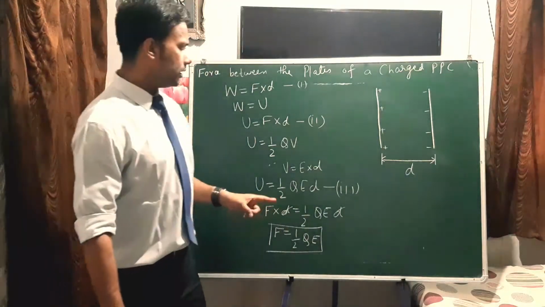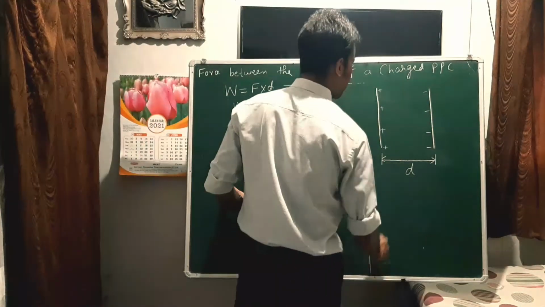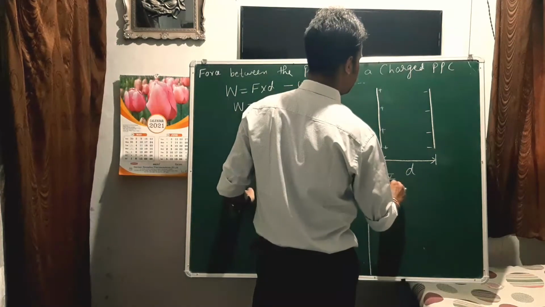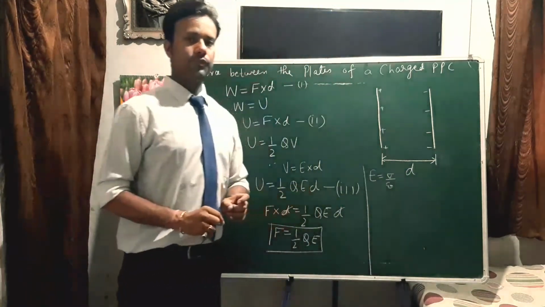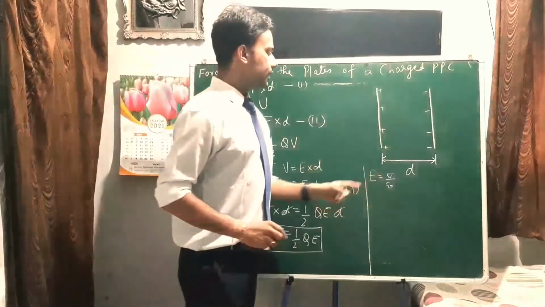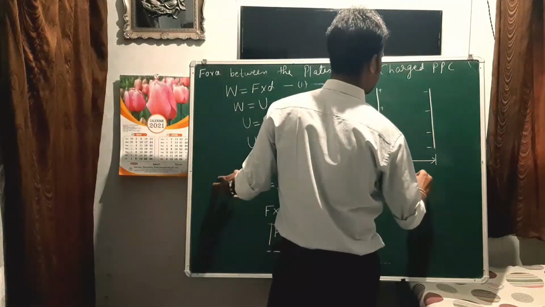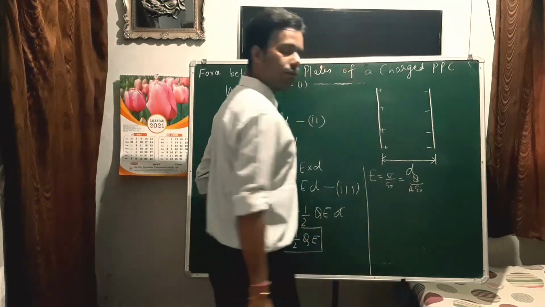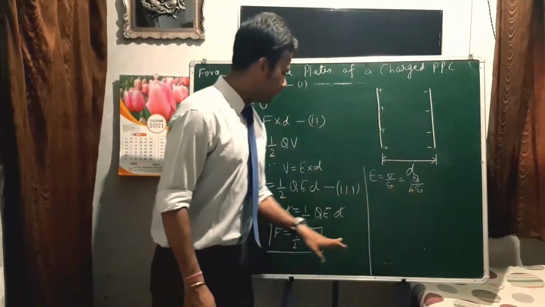What can E be written as here? We know that E is nothing but sigma upon epsilon naught, right? And sigma is nothing but Q by A. So we can put the value of E in this formula.